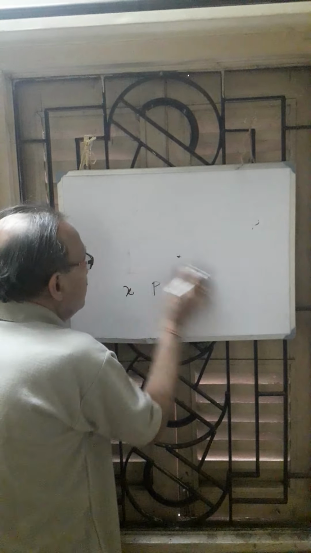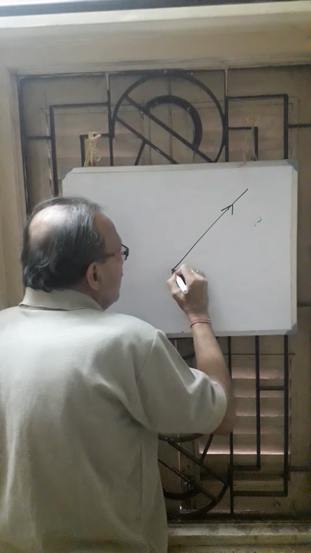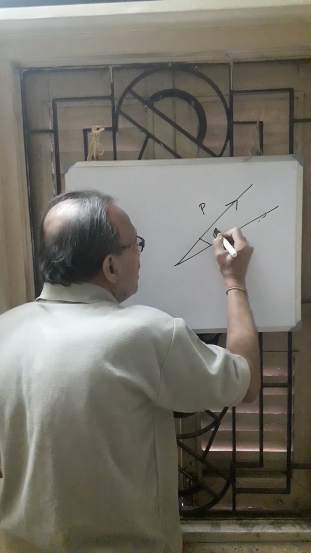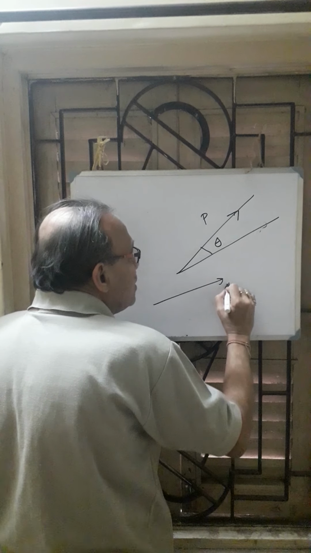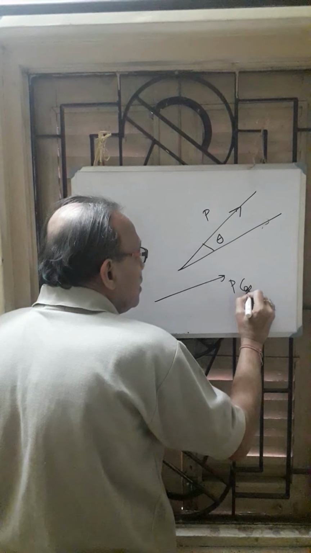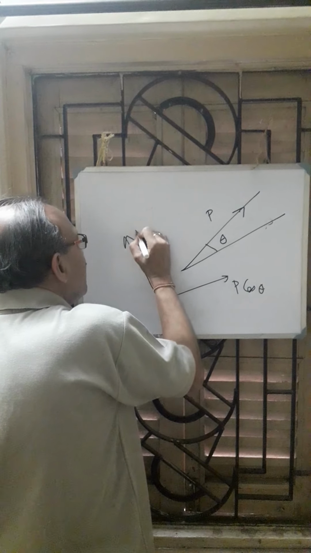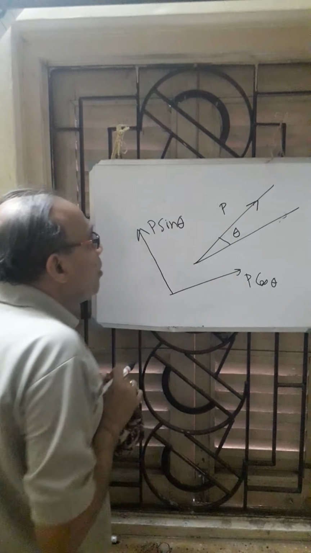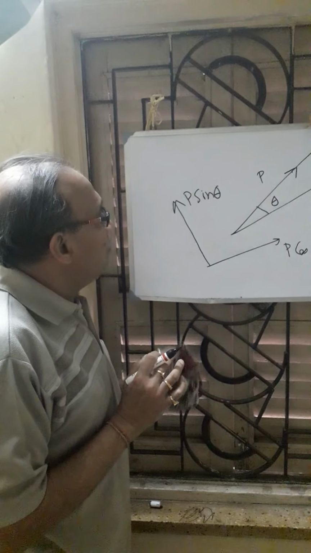Suppose you take a force P arbitrarily oriented, and this is not the x-axis, this makes an angle theta. Then along this line the component is P cos theta, together with perpendicular to this line the component is P sin theta. This is called the resolution of forces of basic statics of class 12.